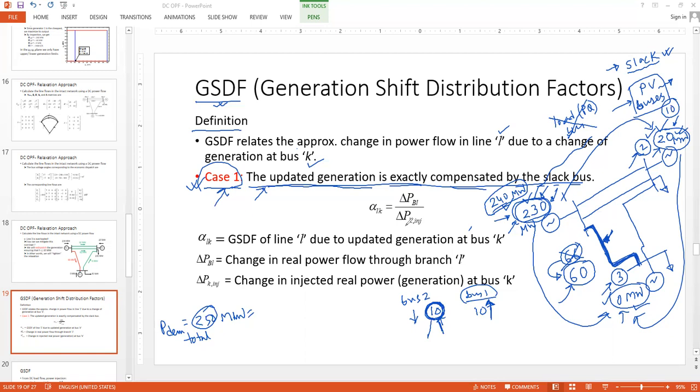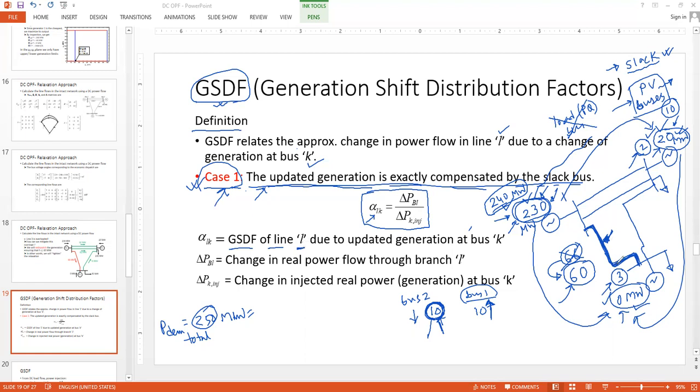So for case number 1, in general, alpha LK can be represented by this, where alpha is itself the GSDF of line L. The L index appears first in the subscript, the line we are taking under consideration. For our case, it is line number 3.